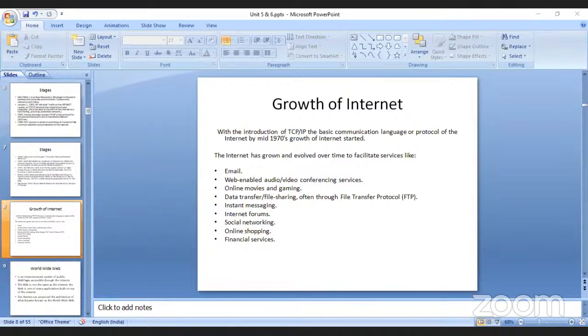What are the services we have with the help of the internet, and how have they evolved over the years? Email. The basic thing which started was emailing, sending mails to different people, wireless communication. You send the information to them. So that was the first step, email.